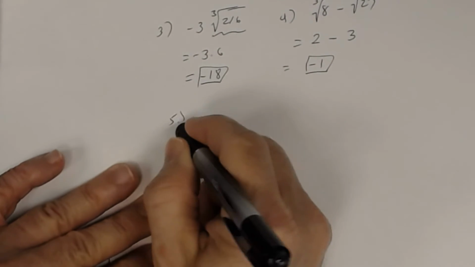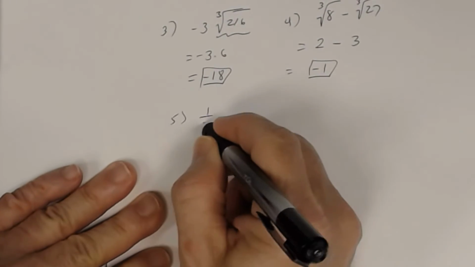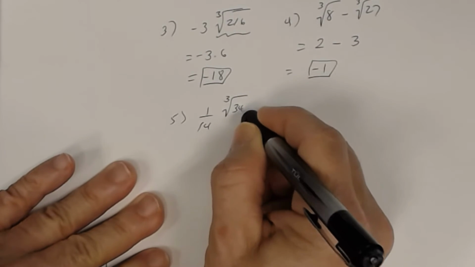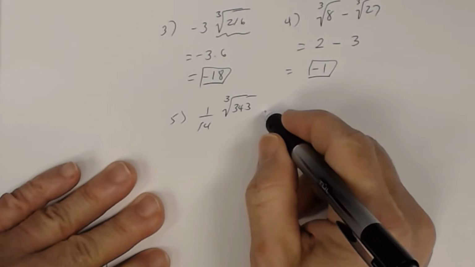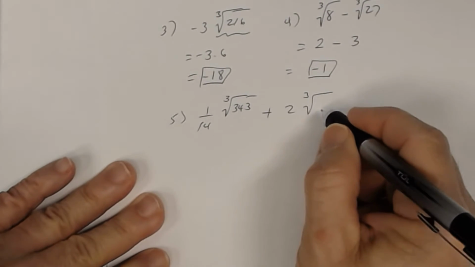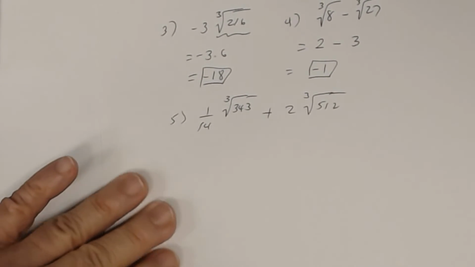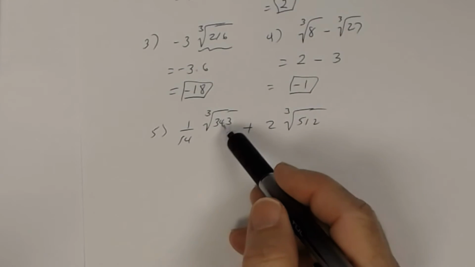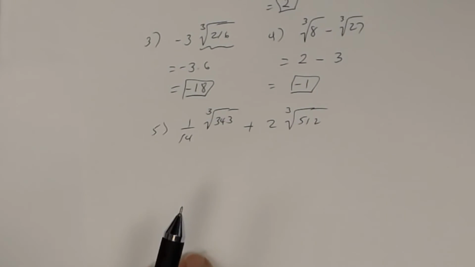Number 5, let's suppose we had 1/14 times the cube root of 343, and then plus 2 times the cube root of 512. So don't let those large numbers throw you off. You have access to a calculator, so play around.